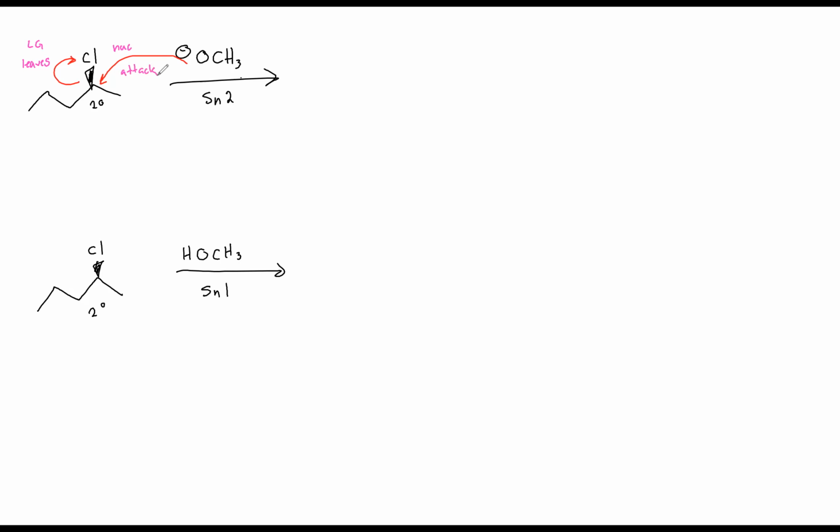Then we just end up with a single product with inversion of stereochemistry, and you can write it like this to represent OCH3. Now this bottom one is going to be Sn1. We all know that the first step of Sn1 is the leaving group leaves. So let's label that: leaving group leaves.